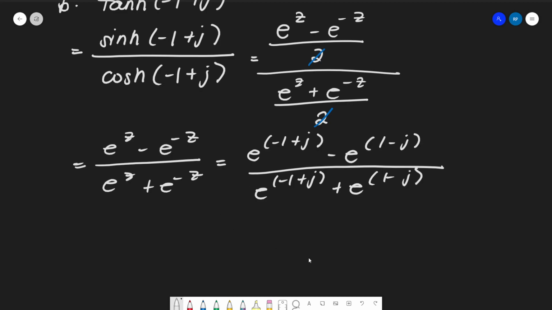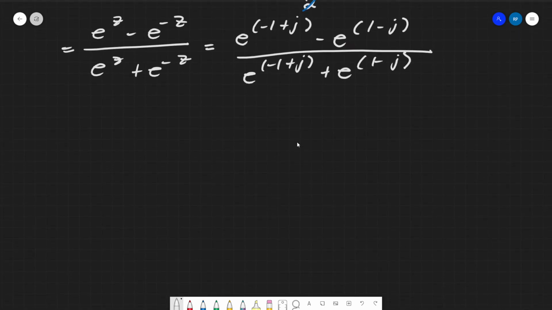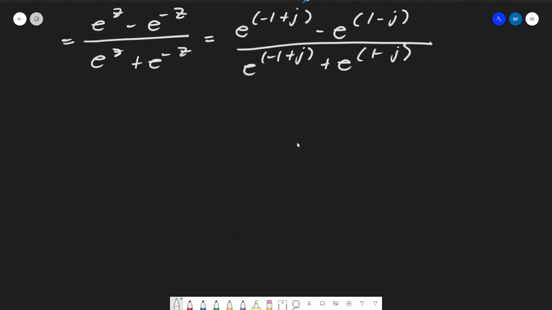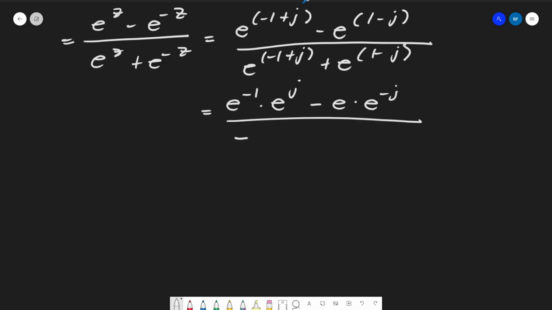Using yung property natin sa multiplication with exponents, we have e raised to negative 1 times e raised to j, minus e raised to 1 or e times e raised to negative j. Ganun din dito sa baba, papalit lang ng sign.